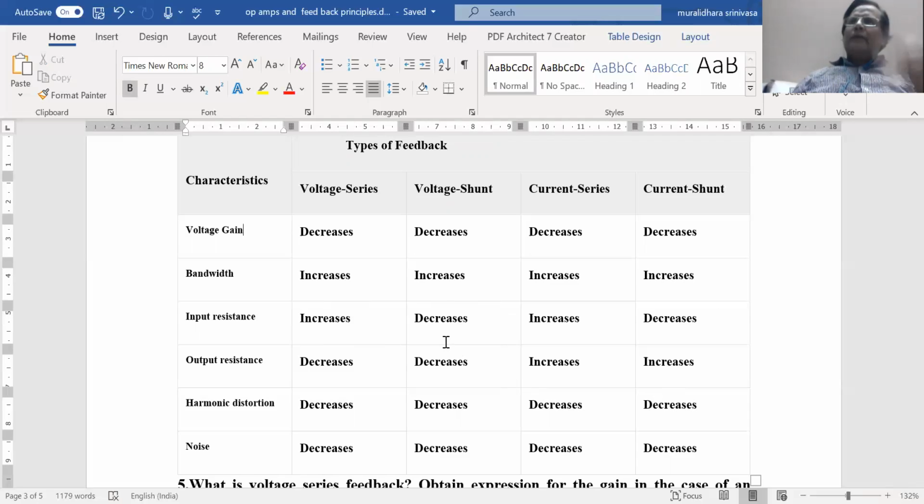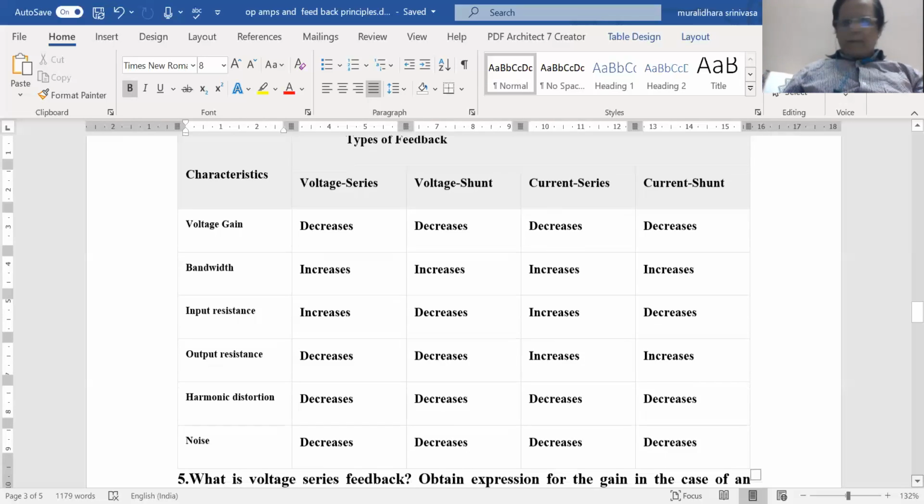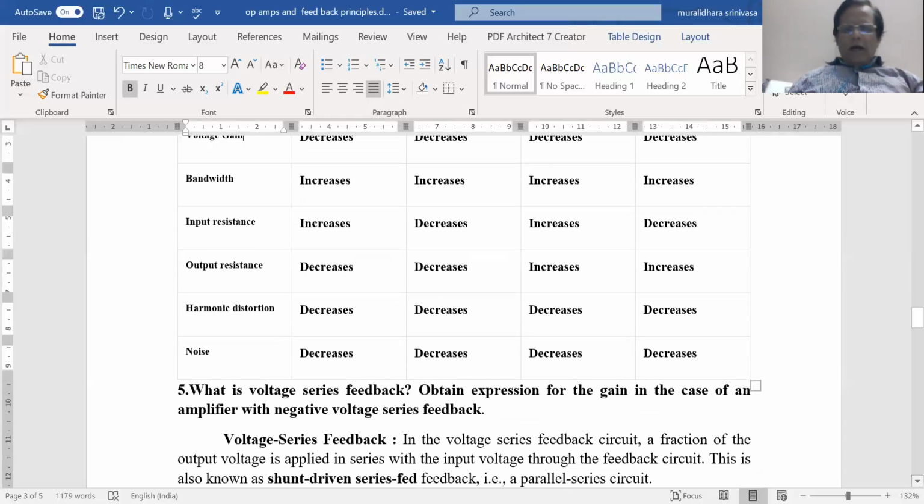In all shunt feedback mechanisms, the input impedance will reduce. For the output, it is just the opposite. For all shunt pickups, output impedance will reduce. For all series pickups, output impedance will increase. Because all these are negative feedbacks, harmonic distortion decreases, bandwidth increases, the circuit stabilizes, and noise also decreases.